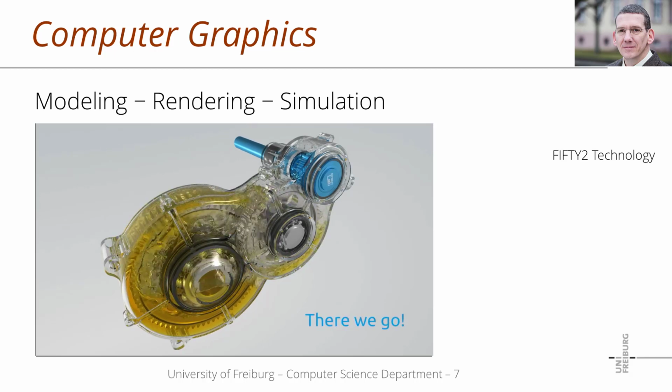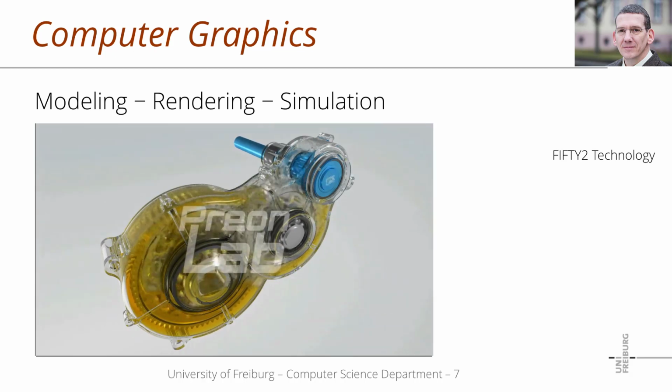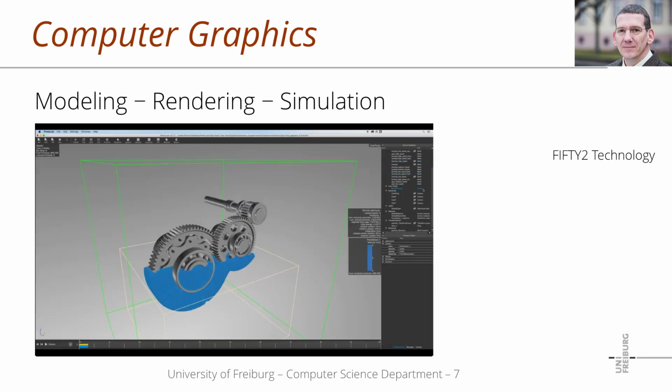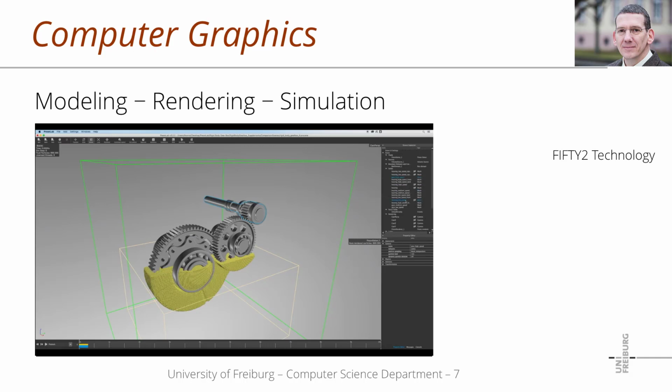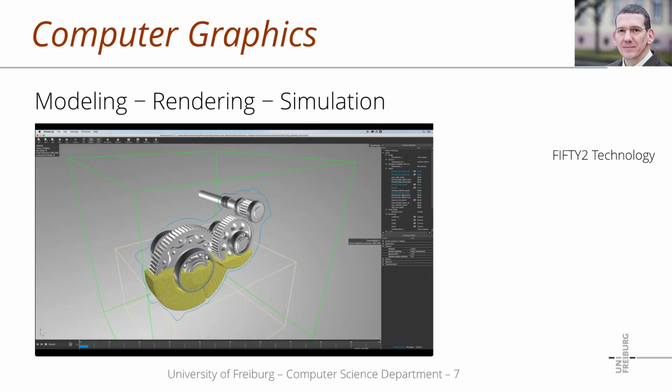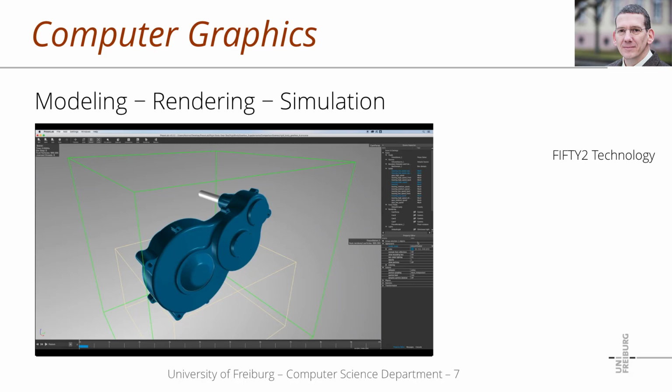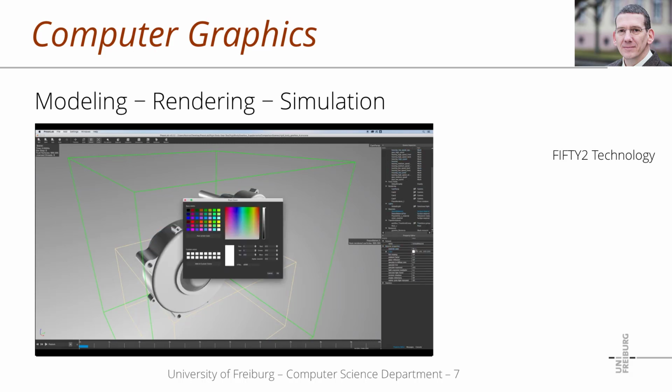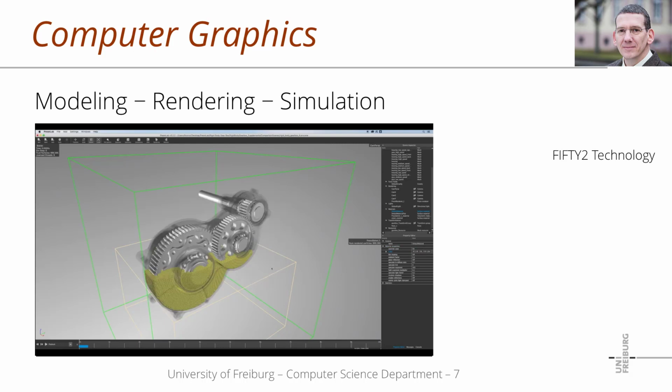So in the simulation, we compute the positions and velocities of all the oil particles over time. But in terms of rendering, we do not render the particles. Instead, we first reconstruct the isosurface between oil and air. And this isosurface is represented with a triangulated mesh. You can also specify reflection properties for this triangulated mesh, and then you finally compute the light transport in the scene to get the final image.